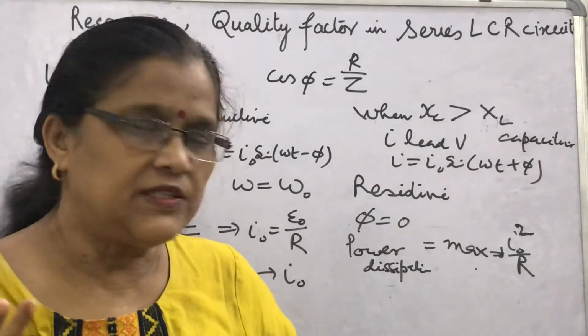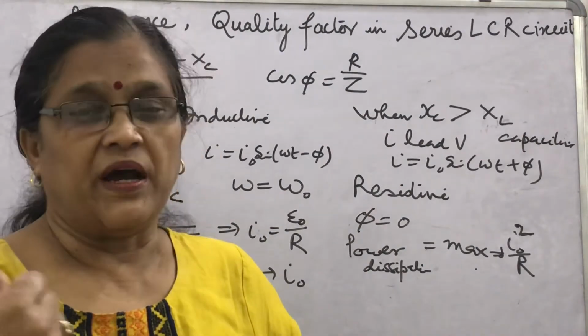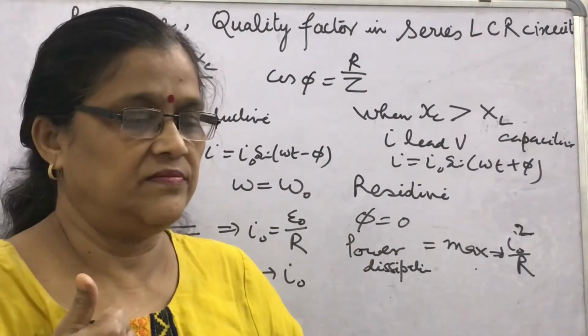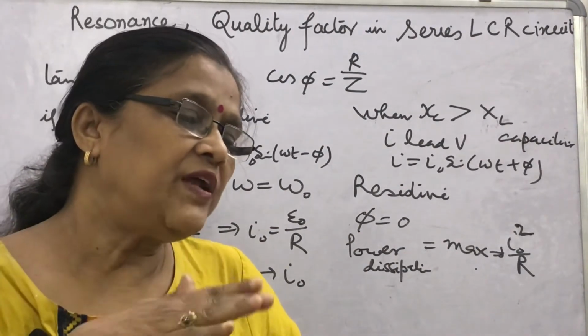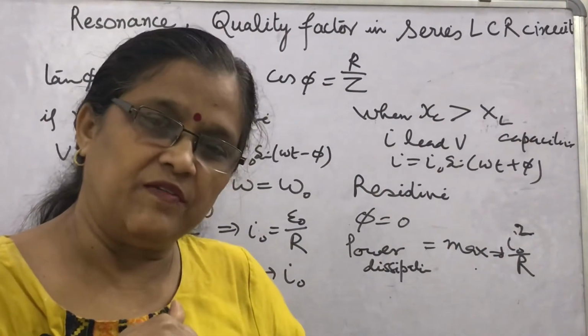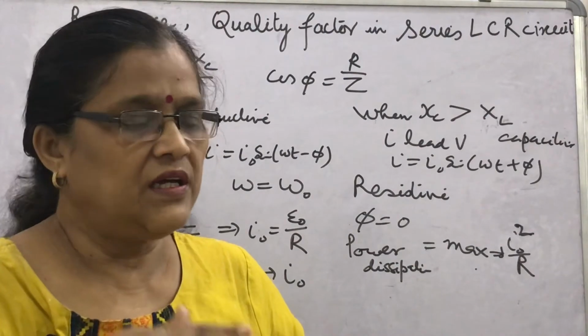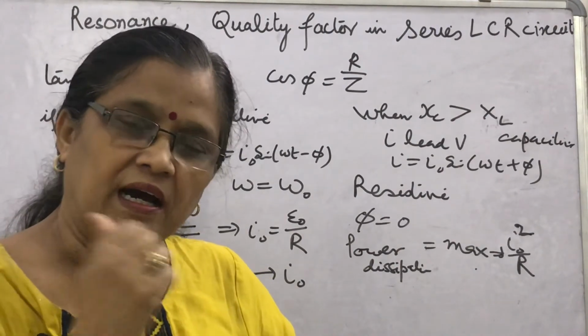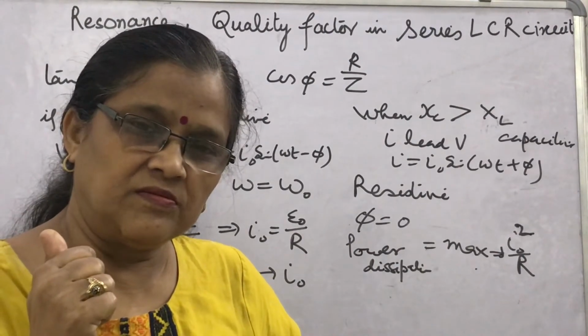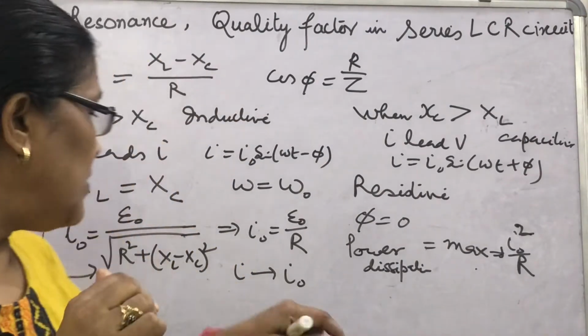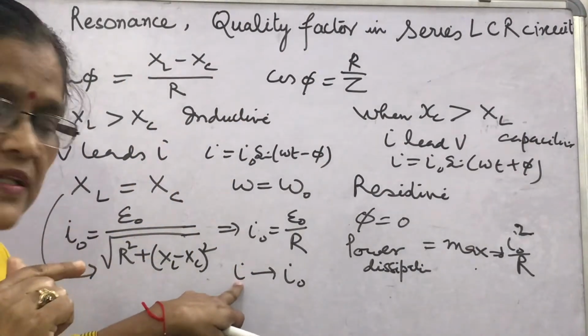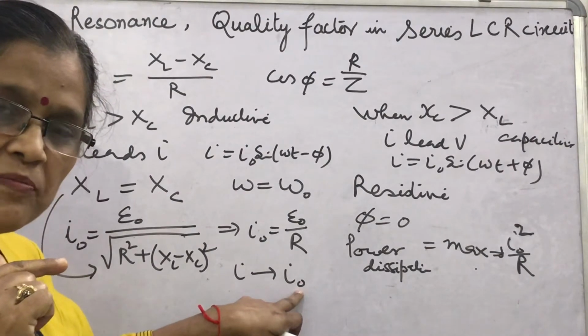If such a system is driven by an energy source at a frequency nearer to the natural frequency, then the amplitude of oscillation is found to be large. What is it here? The amplitude of oscillation, that is, the current in the circuit becomes maximum.